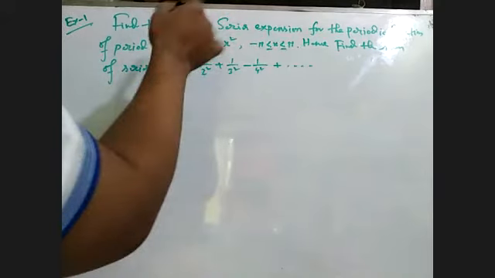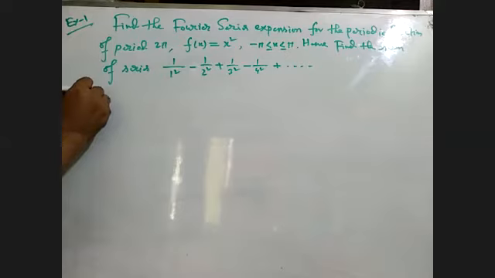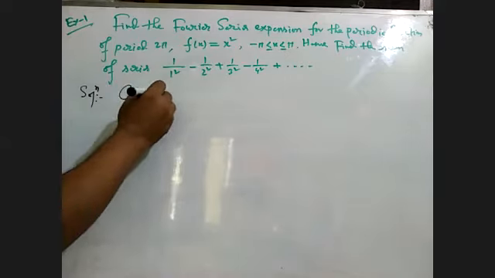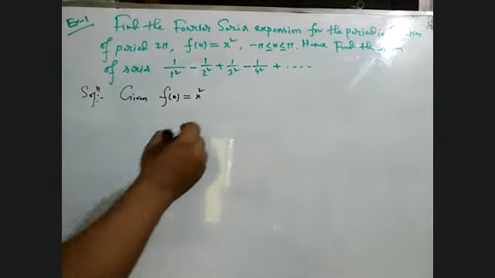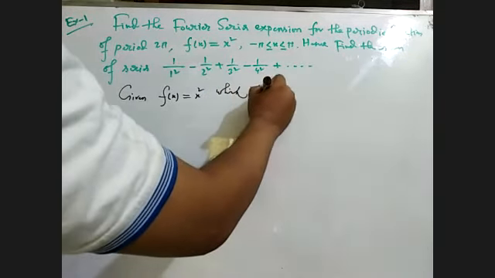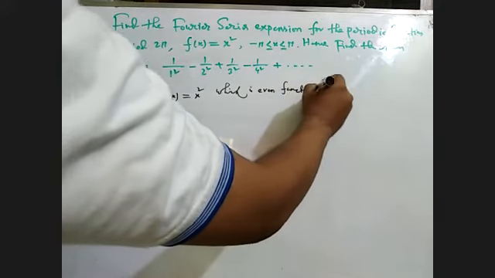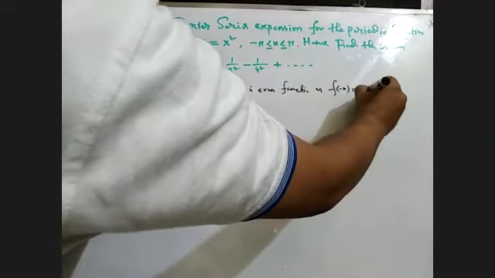That means our given function is f of x equals x square, which is an even function, as f of minus x equals f of x.